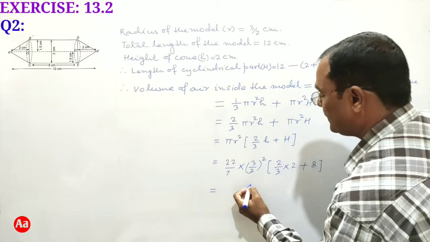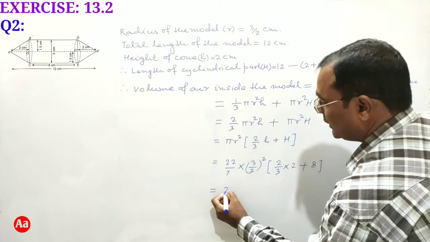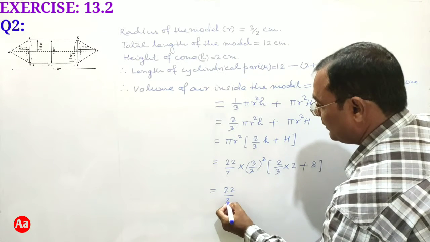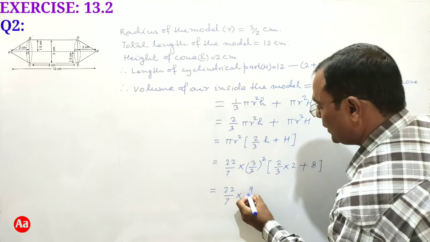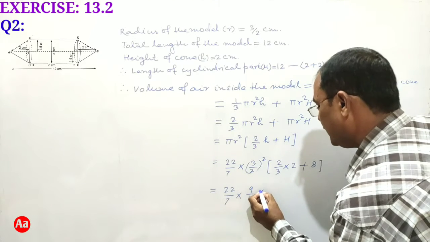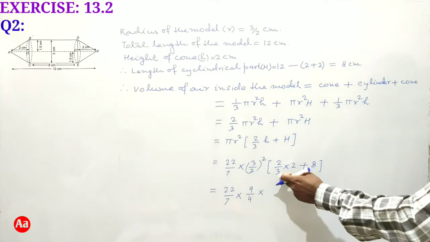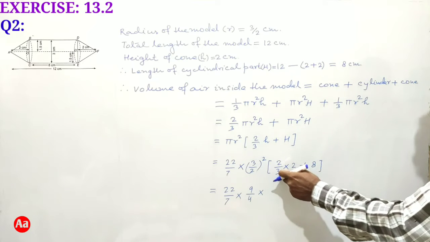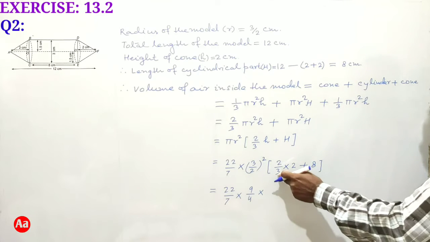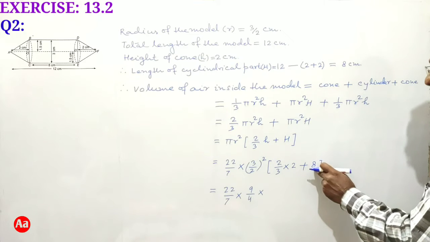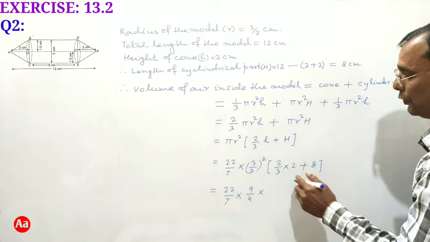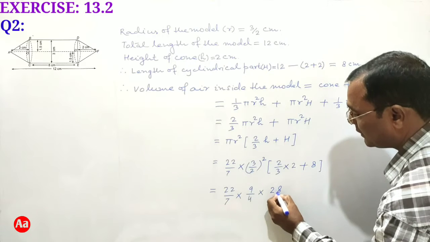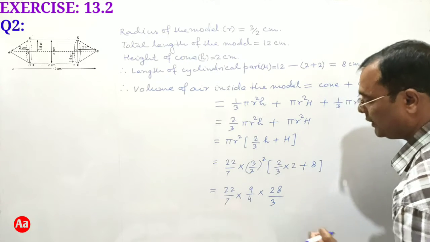Simplify this expression. It is 22 by 7 into 9 by 4 into 2 by 3 into 2, that is 4 by 3, plus 8. So 3 into 8, 24 plus 2 into 2, 4, 28 by 3.